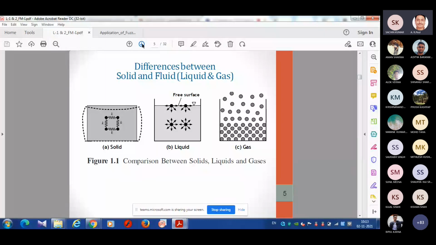A lid should be put on the jar to confine the gas, because gas cannot form a free surface. The molecules are very loosely packed. So these are the basic differences between solid and fluid.